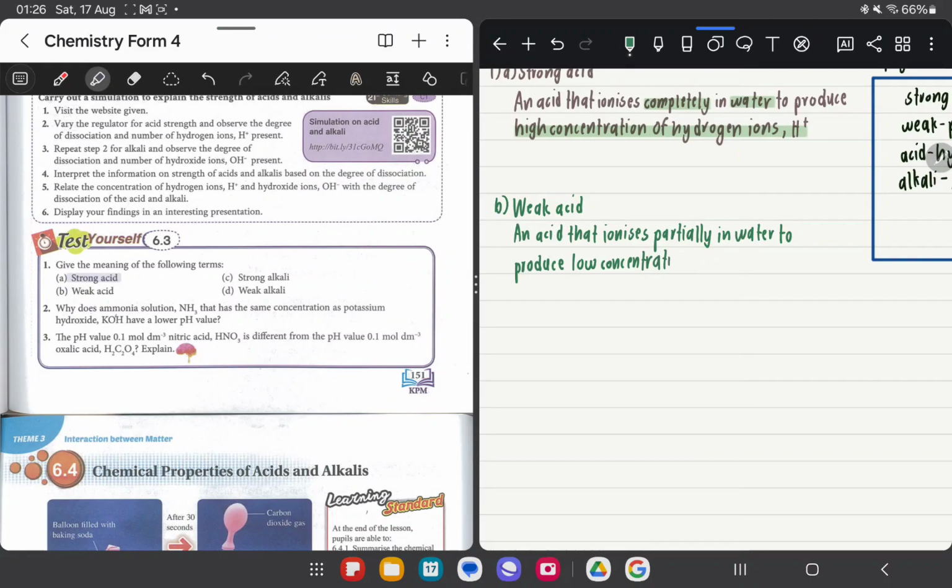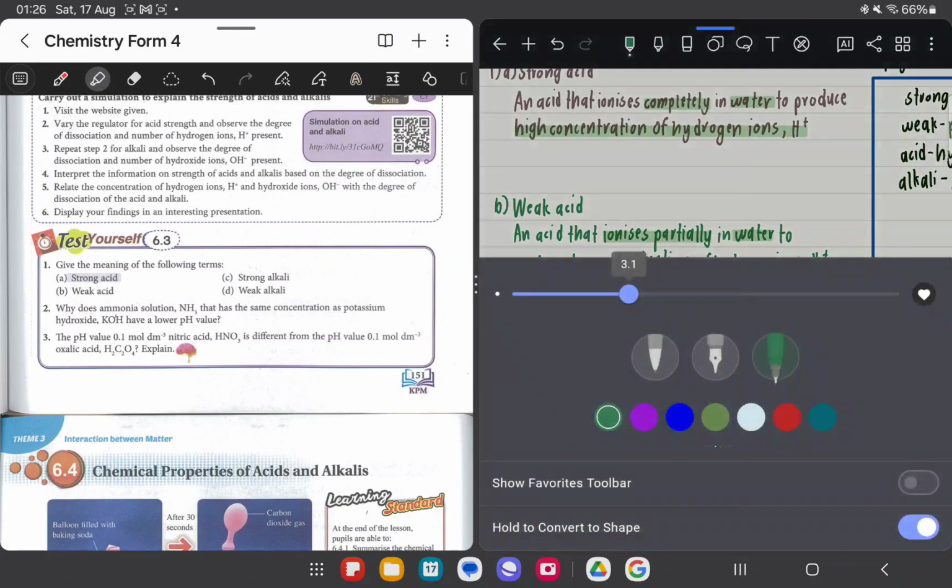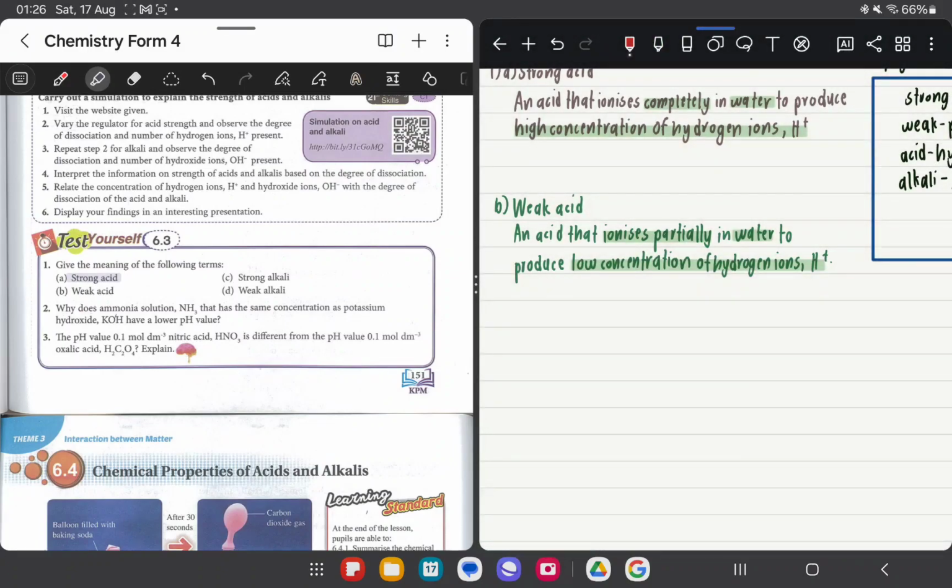This is an acid, right? So of course hydrogen ions. So that's it. The keywords are ionizes partially, water, low concentration of hydrogen ions. Those are the points that we would look for to give marks. So if I were the marker, with all the answers there, you would get the marks.